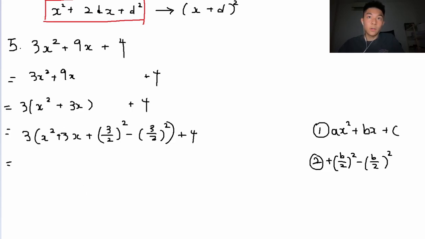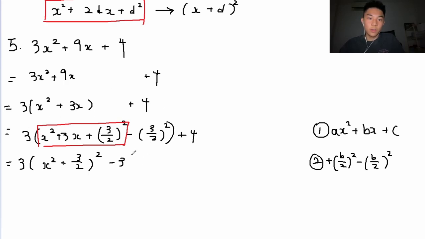Again, this part we can rewrite into 3 times (x + 3/2)². This time our number is not a very nice number, but it's the exact same thing. Our − (3/2)² is inside the bracket times 3, so we have to expand it back out.